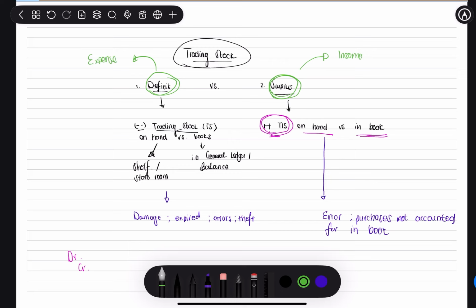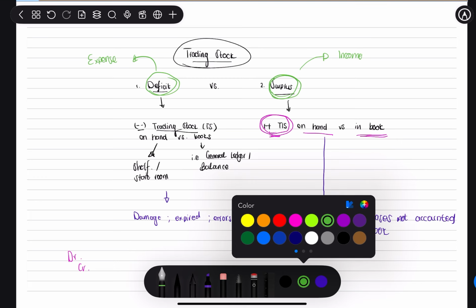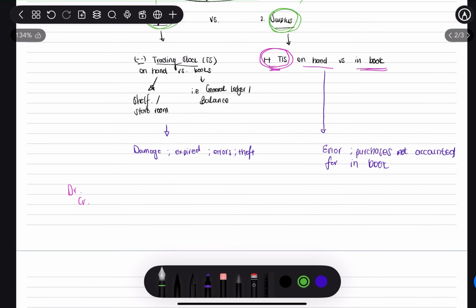Okay, so let's go back to the definition. Trading stock deficit means we have less trading stock on hand, per the stock take figure, versus what is in our general ledger or our books. Because what is in our books is less than what is on hand, we need to increase our trading stock. If we have a surplus, we have an income. It's almost as if we are bringing trading stock up.